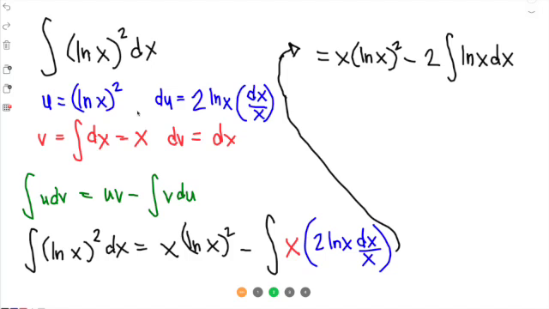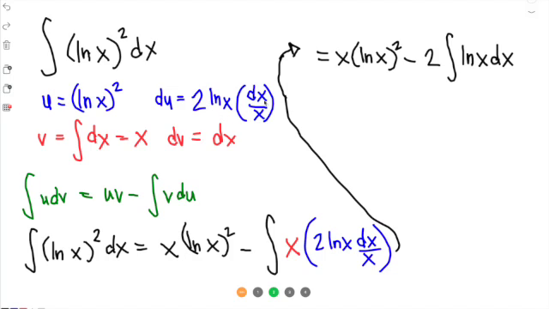Okay? So the first step, identify what is your U, what is your DU, what is V and DV. First of all, what you need to have is the skill to do derivatives and antiderivatives. Just like this one, if you pick your ln x squared as your U, you need to know how to take the derivative of that, and that is by using the chain rule for differentiation.